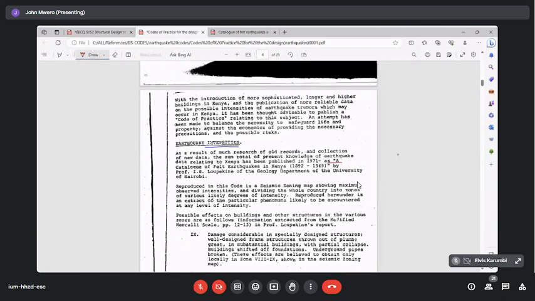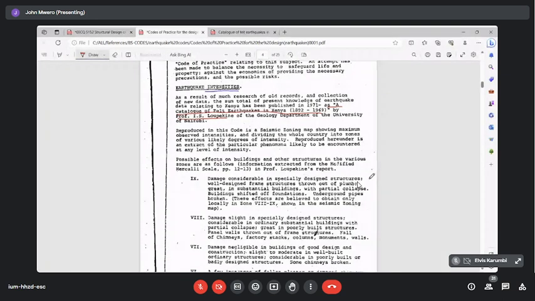They say "have been" because it was pretty recent at that time. I've shown you this catalogue, and the work was done by Professor I.S. Lupekin of the Geology Department, University of Nairobi. Produced in this code is a seismic zoning map showing maximum observed intensities and dividing the whole country into zones of various likely degrees of intensity.